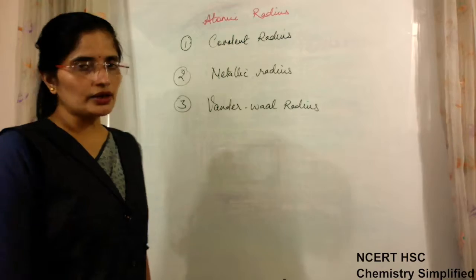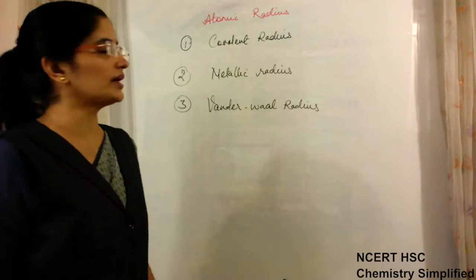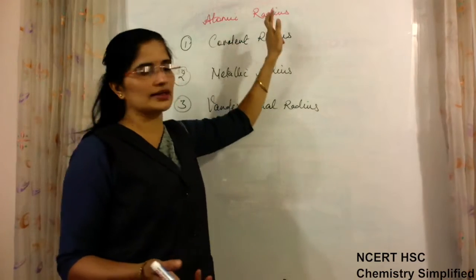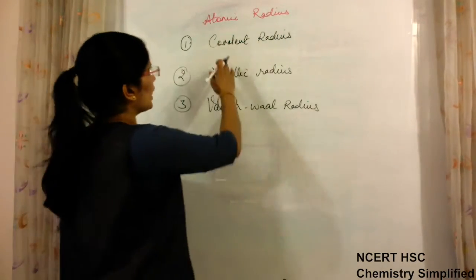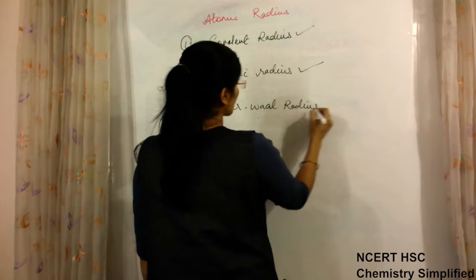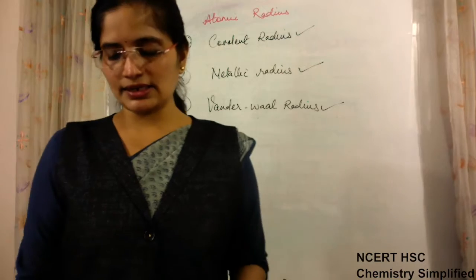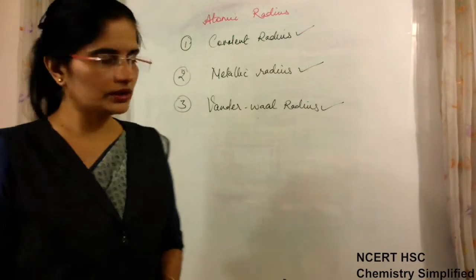So instead of measuring atomic radius directly, there are three indirect methods by which atomic radius can be calculated: covalent radius, metallic radius or van der Waals radius. How to measure these radii, now we will see one by one.